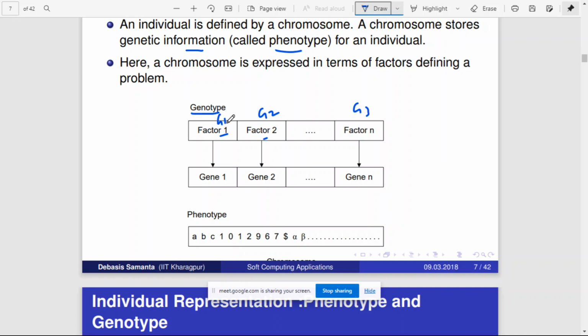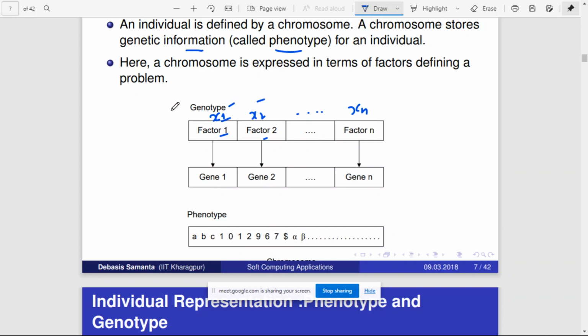But if you know exactly what type of gene every individual gene is, then that is called phenotype. In the case of genetic algorithm, these factors can be connected with some variables. Say factor 1 is x1, factor 2 is x2, and so on, factor n is xn. So now we know that a solution to this problem is a function of all these variables x1, x2 up to xn.